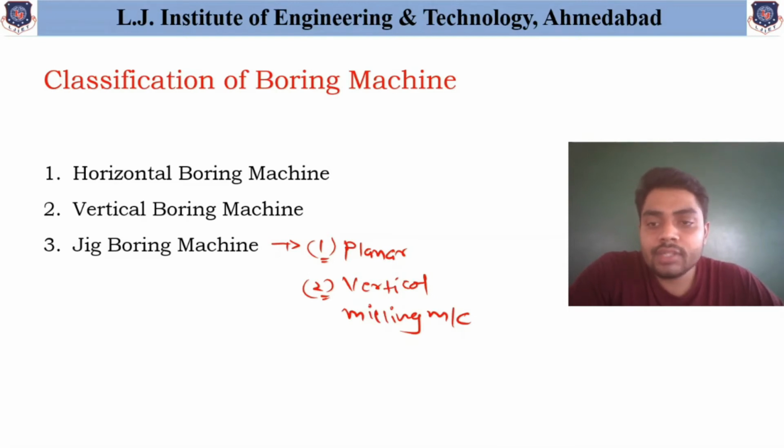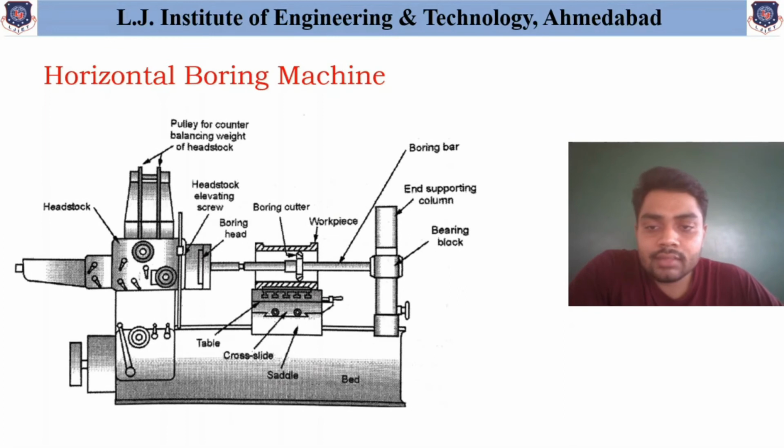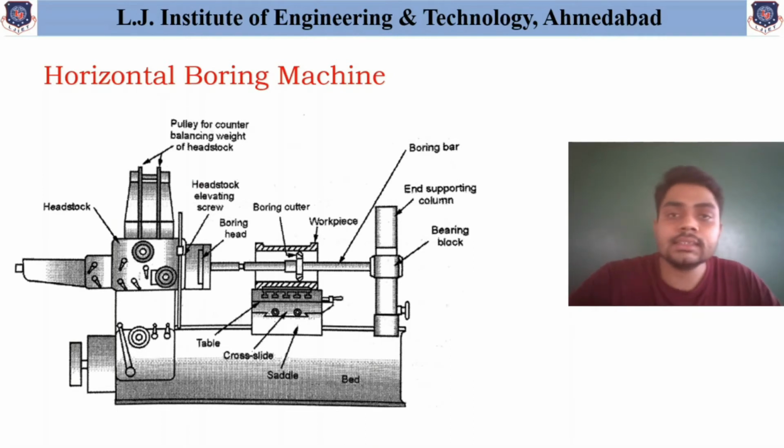Starting with the first one, that is the horizontal boring machine. To understand this, let us have a look at a simple 2D figure of this boring machine. Now, as you can see, in the case of horizontal boring machine, the construction is somewhat similar to that of the lathe machine.